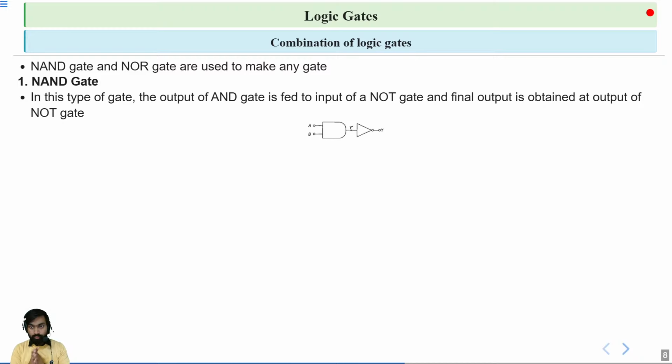We can see the output of the NAND gate is the complement of the AND gate output. First, the AND gate checks if both inputs are 1, and then the NOT gate inverts the AND gate output. Clear?